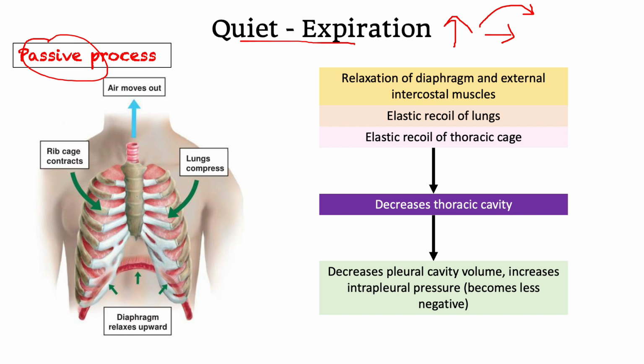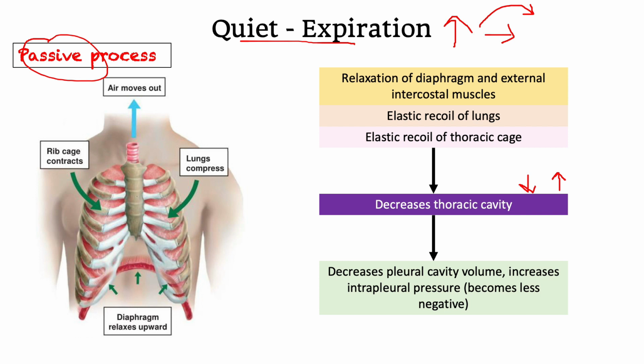Okay, so how do we achieve this? Meaning, how do we achieve the increased pressure inside the lungs? Again we need to decrease the thoracic cavity, because with Boyle's law, when volume decreases, pressure will increase. So how do we achieve a decrease in the thoracic cavity?